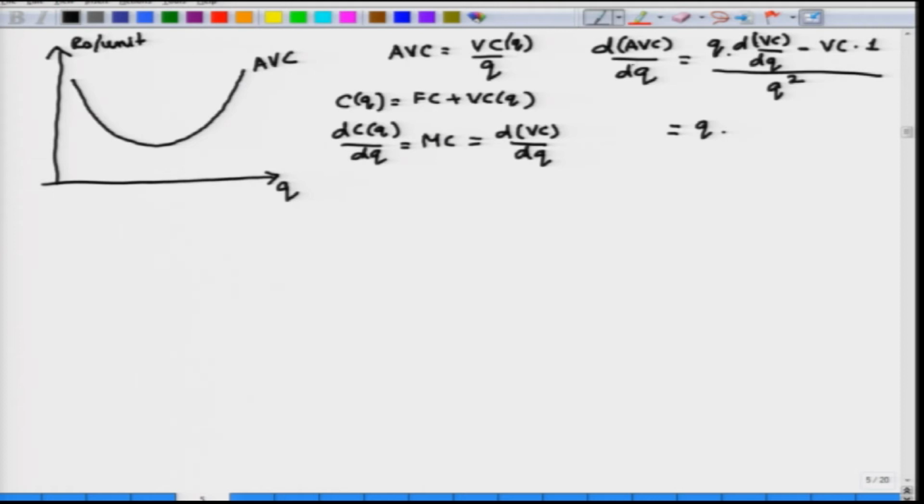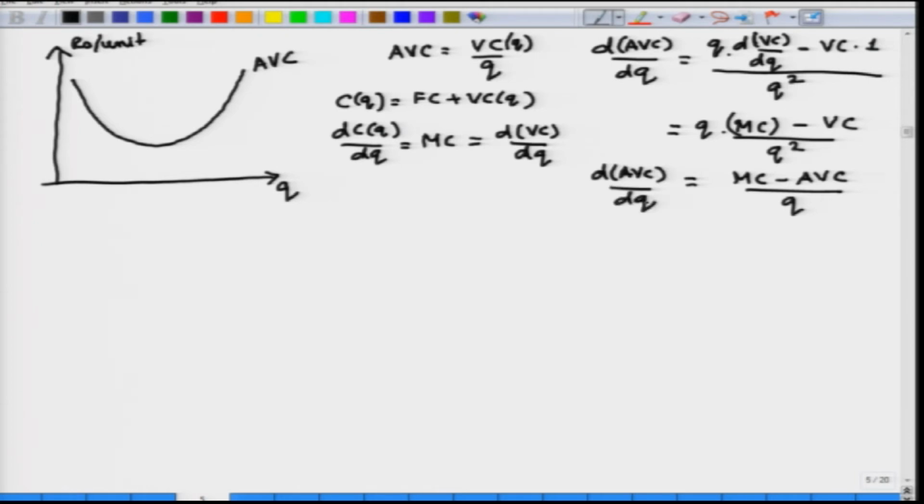So, dAVC/dQ is Q times the marginal cost minus the variable cost, divided by Q square, which on simplification gives us the marginal cost minus the average variable cost, divided by Q. So, this is how the average variable cost curve is changing with respect to Q.